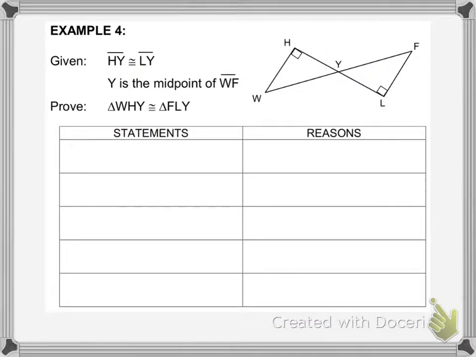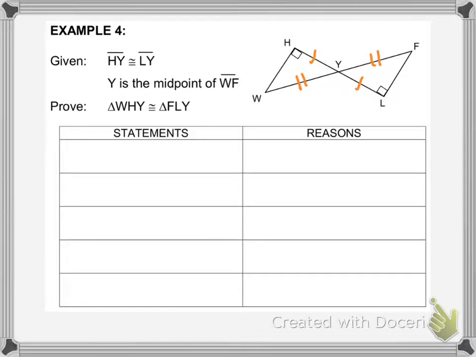We got one more. All right, let's put our givens on our picture. Let's mark it up. First given is segment HY is congruent to segment LY, okay? Next given, Y is the midpoint of segment WF, this one. So that means that segment is cut into 2 congruent segments, okay? I also see those right angles at angle H and L. So that's good.